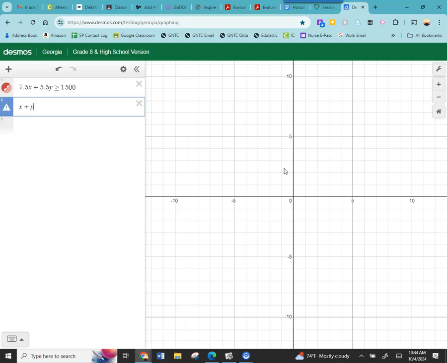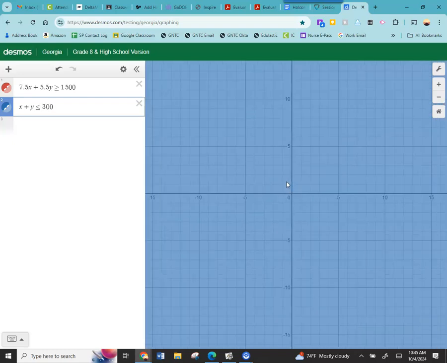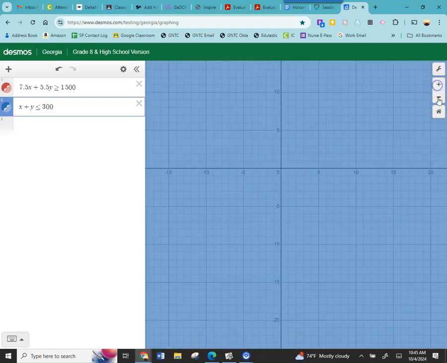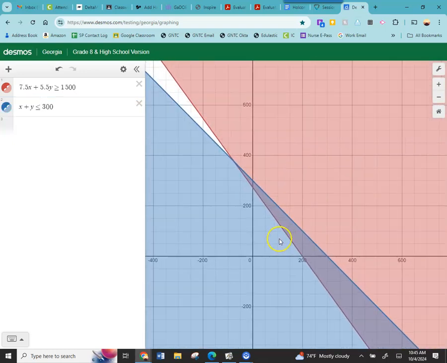X plus Y. Okay, so when you first graph it, you can't see anything. You have to zoom out. You come over here and zoom out. And then now you can start to see where our graph is.